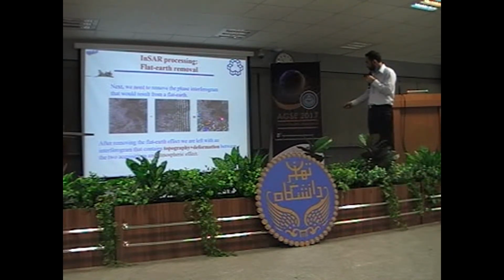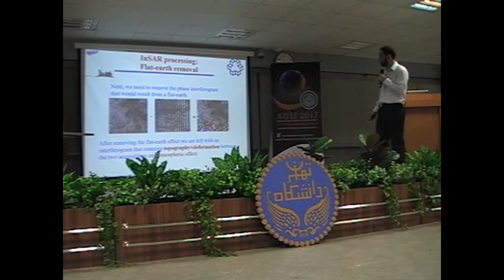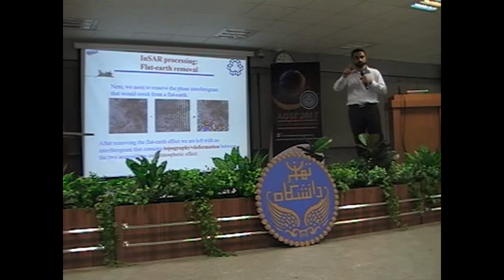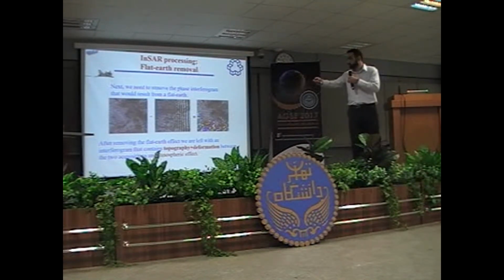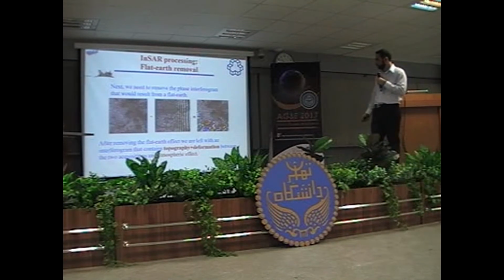And the result would be something like this. You see, this is the interferogram, and now you can see better patterns, good patterns of maybe topography or displacement or whatever. Here you have cycles of colors, from blue to blue to blue to another blue, and each cycle corresponds to 2 pi. 2 pi could be topography or deformation or whatever.